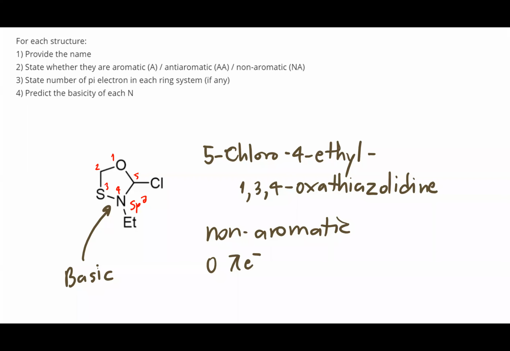So 5-chloro 4-ethyl and 1,3,4-oxadiazolidine, or this one could be N-ethyl as well. And this is non-aromatic because you don't have the pi system. Therefore, all of these heteroatoms will be sp3 hybridized, so there are no electrons in the pi system. So 0 pi electrons, right?